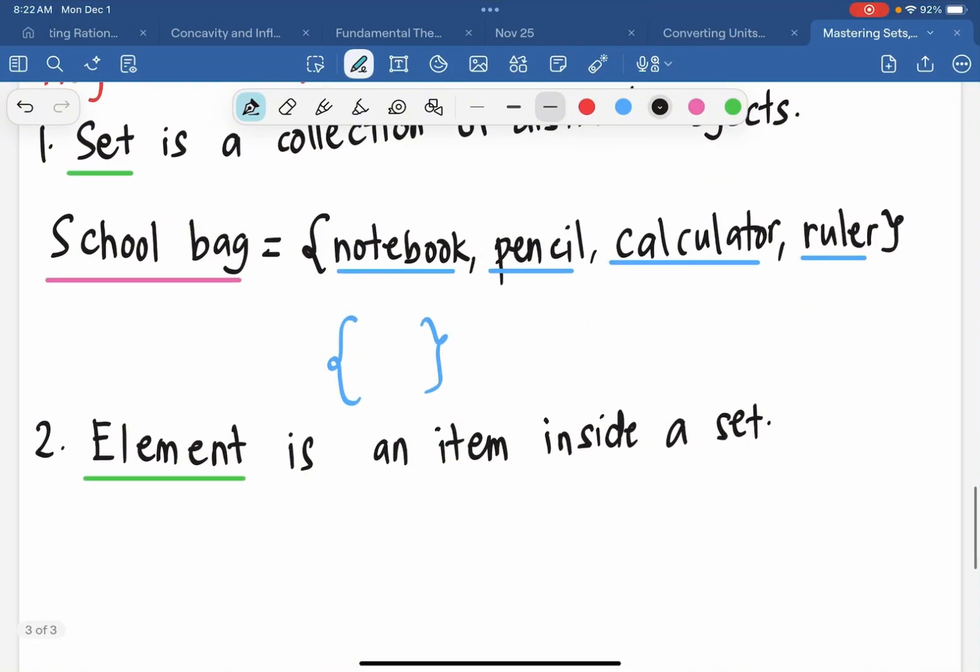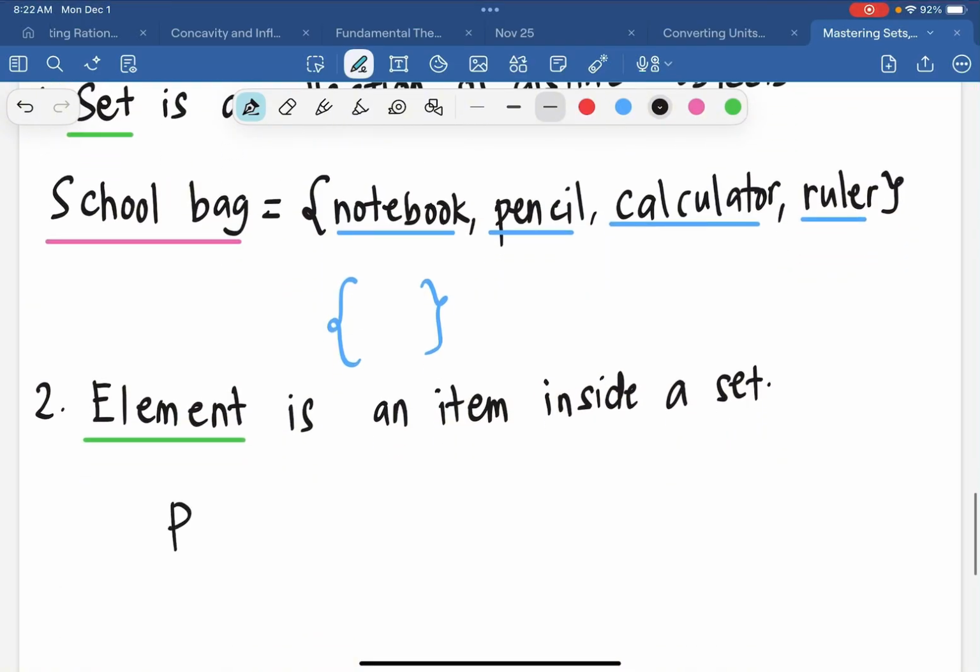Now, as you can see, pencil is an element of the school bag based on the given. So we write it like this: pencil. And then let's label our school bag as set A. So pencil is an element of set A, which is the school bag.